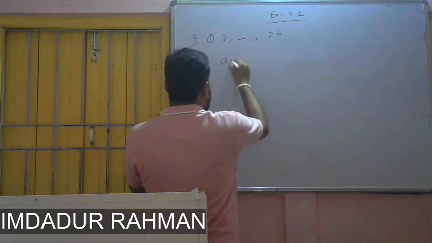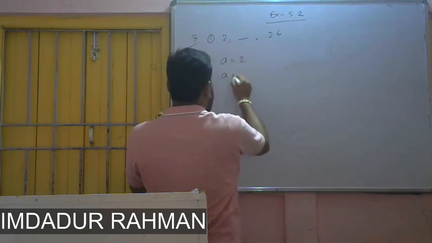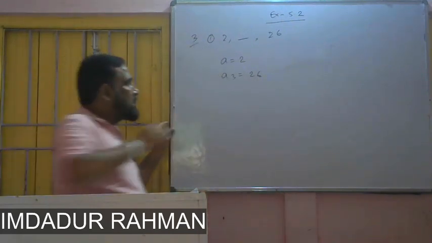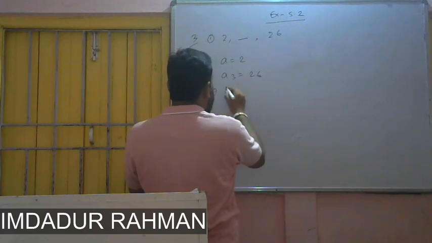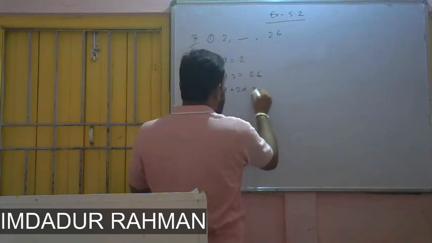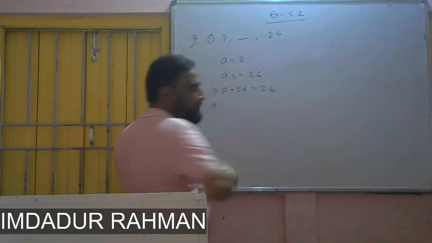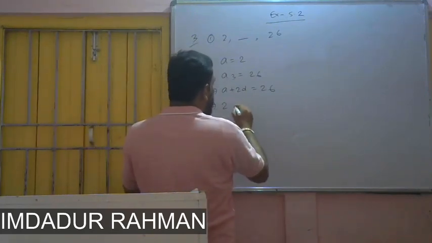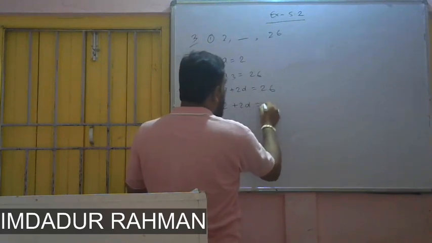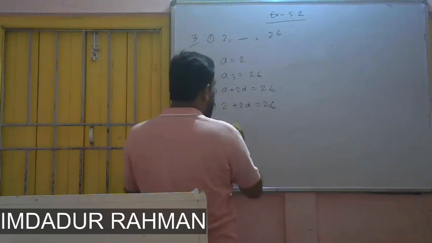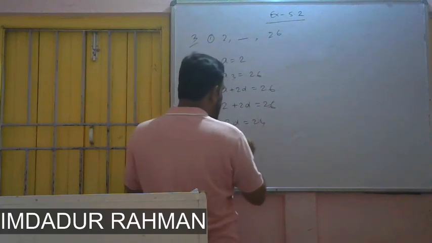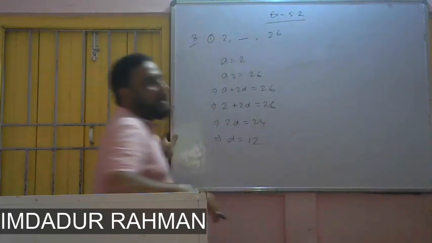A is equal to 2, A3 is equal to 26. So A3 is equal to 26 implies A plus twice D is equal to 26 implies 2 plus twice D is equal to 26 implies twice D is equal to 24 implies D is equal to 12.